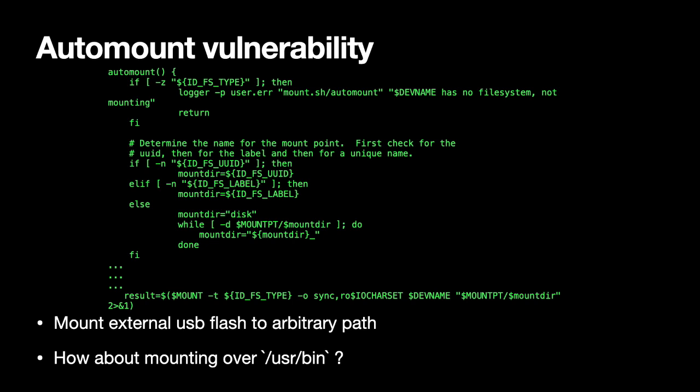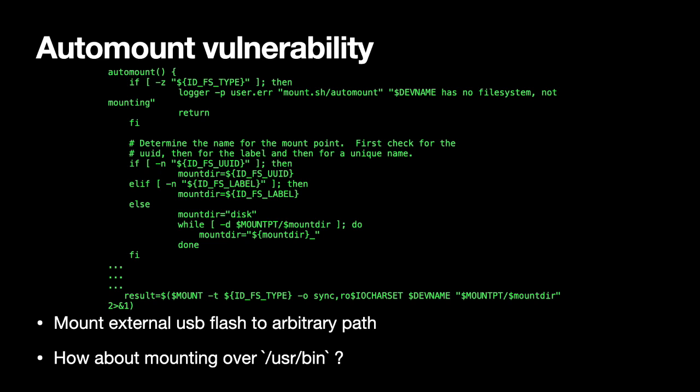When you insert a USB key, this shell script gets run to mount that file system, and it properly escapes the commands, but there's a very subtle vulnerability here where the destination mount point for the command is made up of the name of the device itself or the file system ID itself.